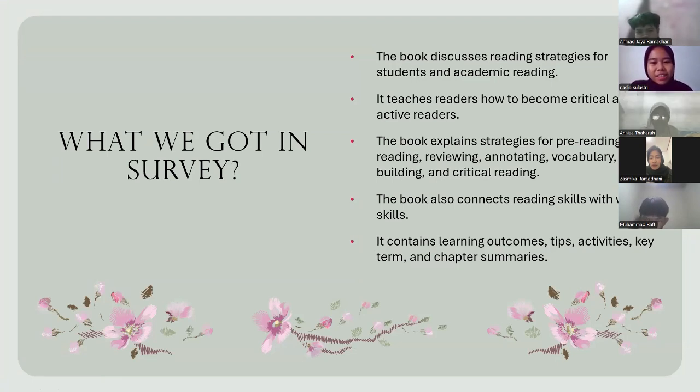Next, the book explains strategies for pre-reading, reading, reviewing, annotating, vocabulary building, and critical reading. The book also connects reading skills with reading skills. And last, it contains learning outcomes, tips, activities, key terms, and chapter summaries.